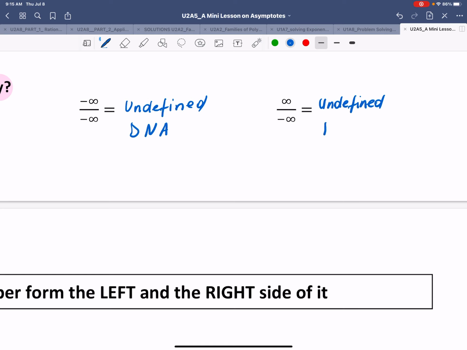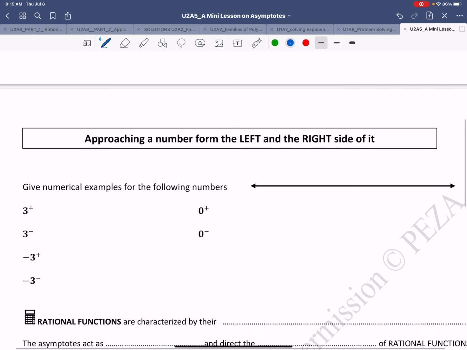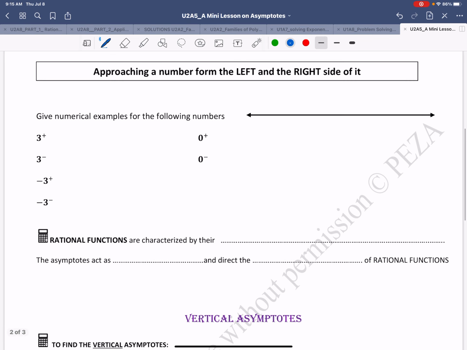It's kind of fun too. Rational functions seem a little bit difficult at first. Once you understand the asymptotes, they become probably the funnest functions to graph. So, I added a few more questions in here, all with the purpose of us understanding how asymptotes are formed.